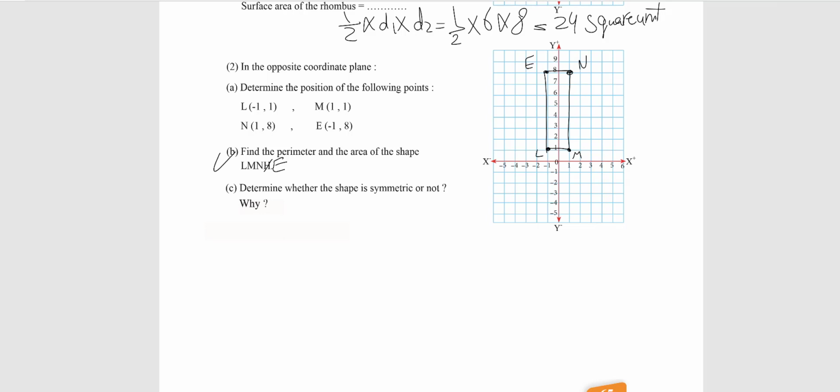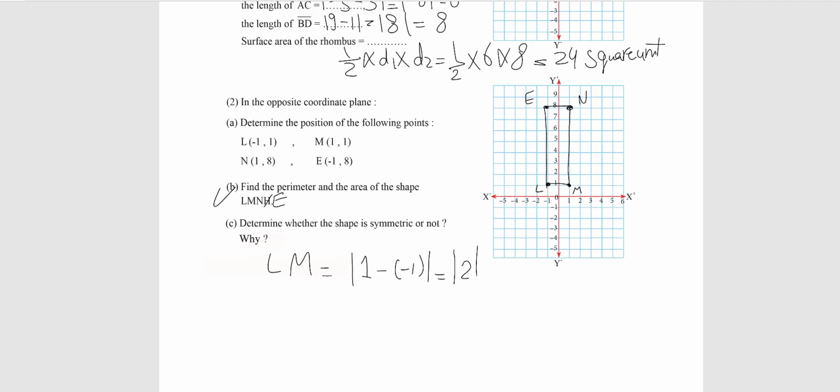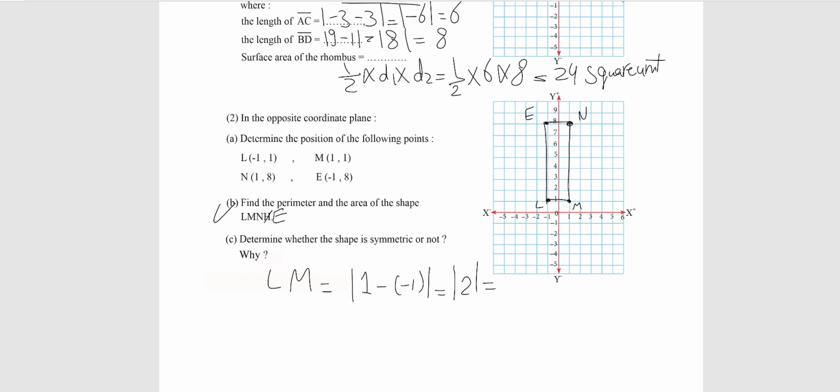So we will find the length of LM. LM equals the ending point of M, that equals 1, minus the starting point L, that equals negative 1, equals the absolute value of 2, equals 2 units.